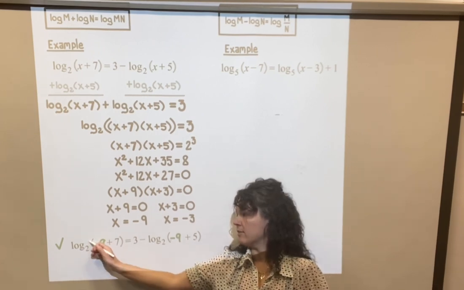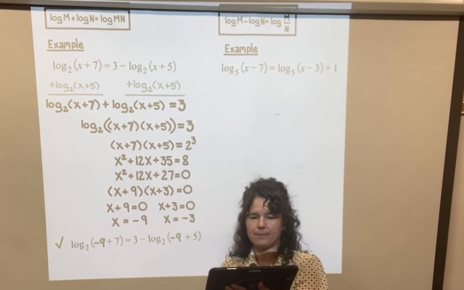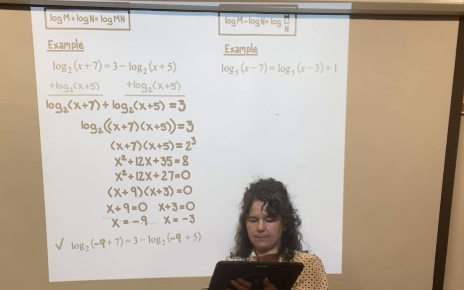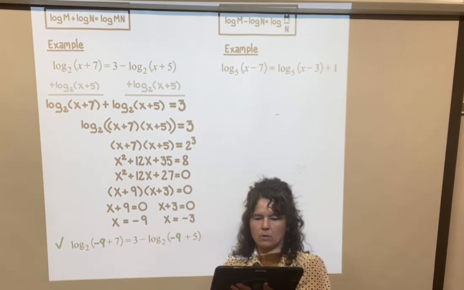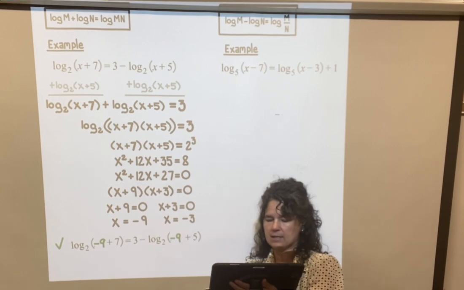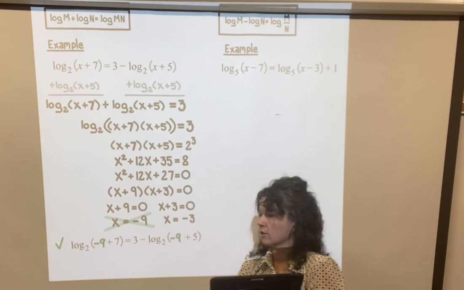I would be taking the log of a negative number. That cannot happen. So since that cannot happen, this answer is extraneous. It needs to be thrown out. So this one's not an answer.